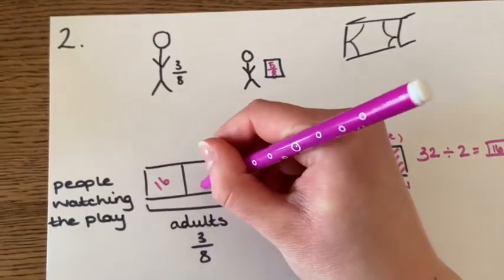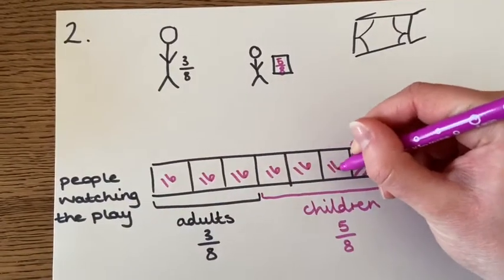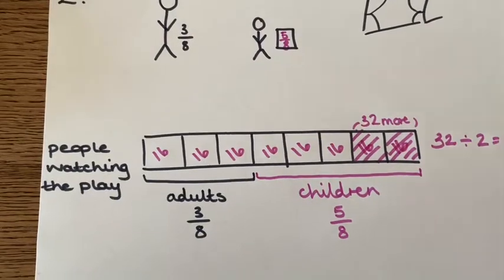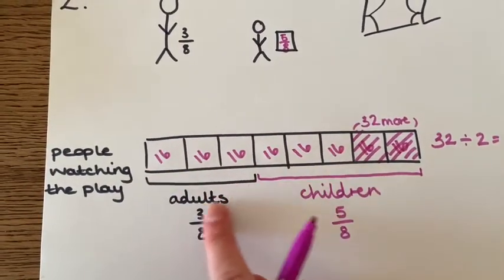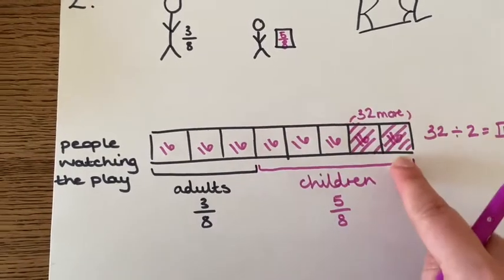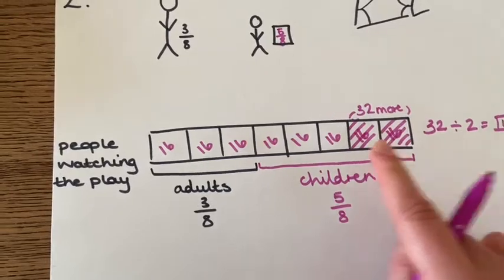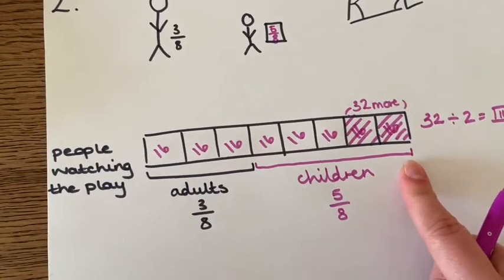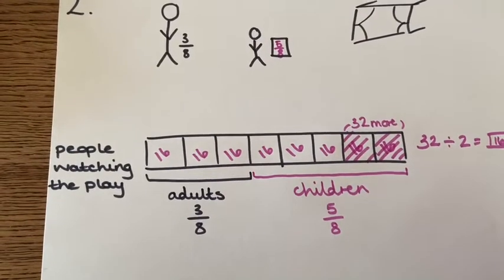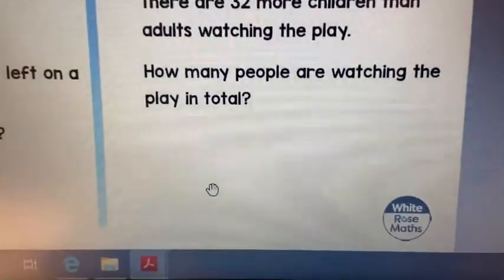So I'm just going to fill that information in. And as I'm doing that, think about what that tells me now. It tells me how many adults in total are watching the play, and it also tells me how many children in total are watching the play. So I'm just going to give you a little bit of time to calculate that, because if I go back to solving it, which is the final stage of the problem, how many people are watching the play in total?